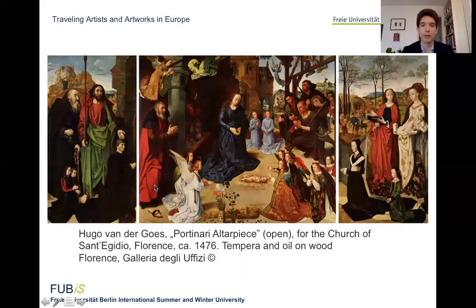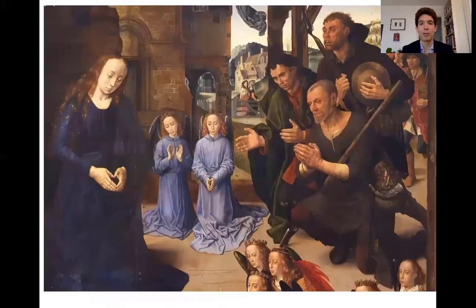As I told you, on the two wings, we can see the donors and saints. And at the center, on the contrary, we immediately recognize the episode of the Adoration of the Child. Here is Mary, here are angels praying around, here is St. John, and here are the shepherds that came soon after the birth of Christ.